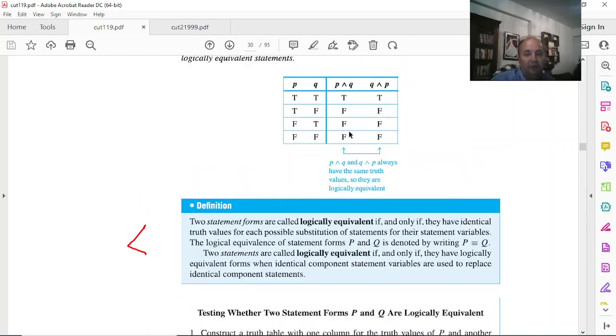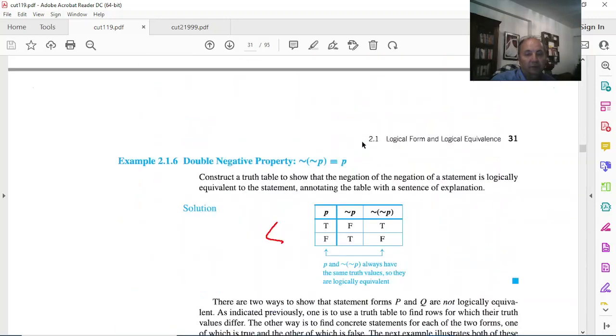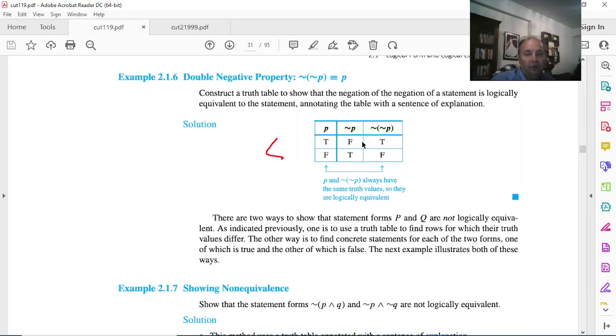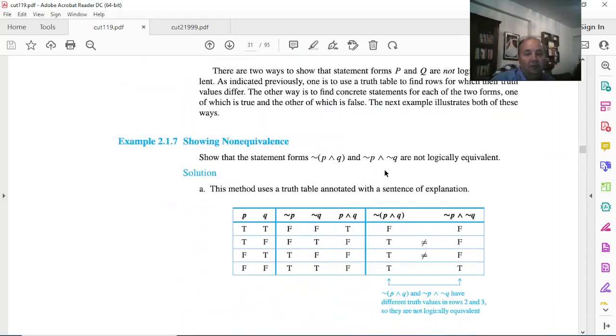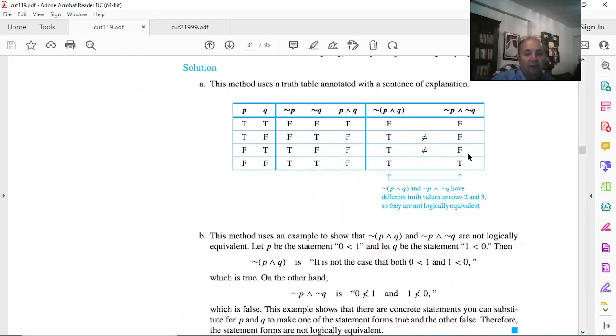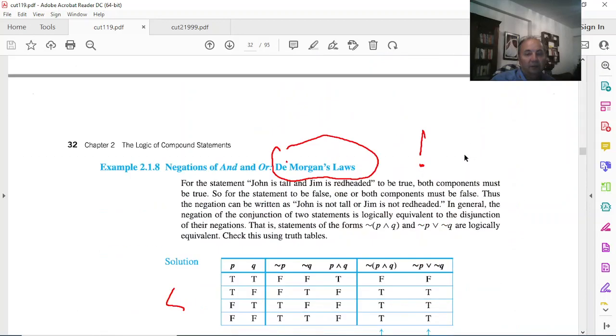These two operations are called logically equivalent. Double negative property, it's the same. Negations cancel themselves. Double negation is nothing. Showing non-equivalence: this is not equal, it's not equivalent.